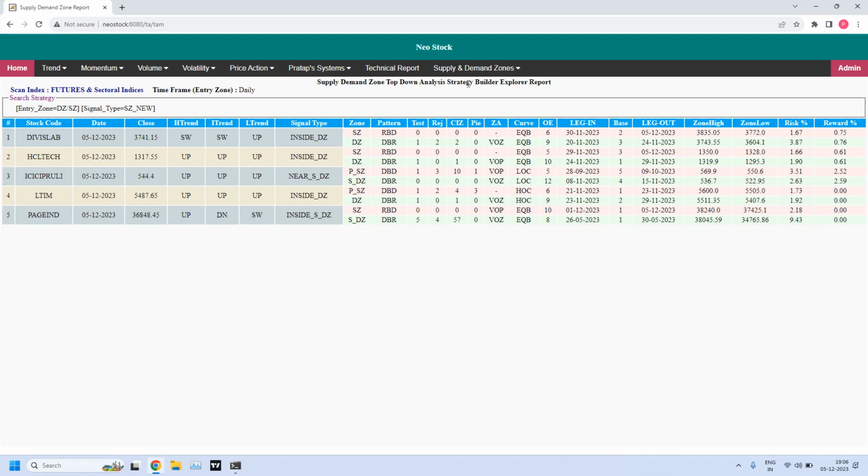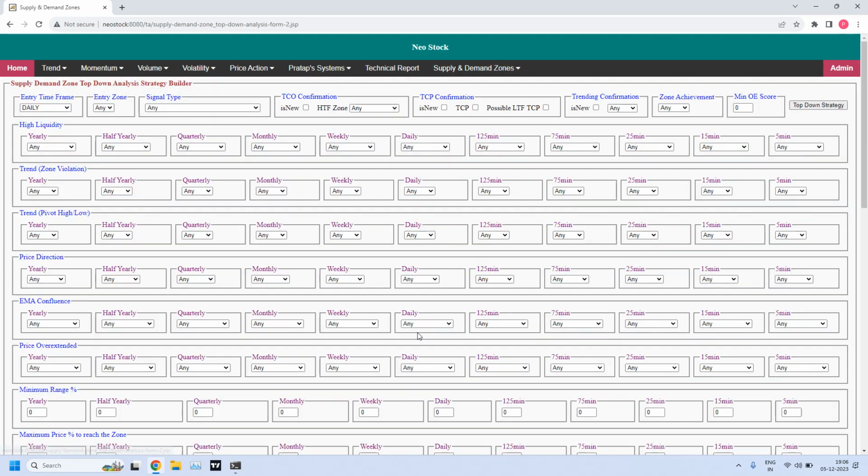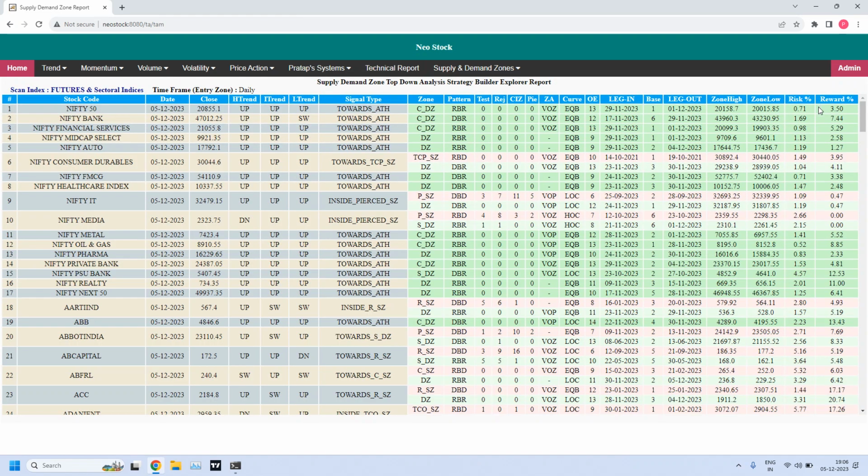And let me generate demand and supply zones for daily time frame. Let me generate demand and supply zones for all the stocks for our reference purpose. So this is the complete list. The first 17 in this list are indices and the remaining are equity stocks listed in the futures F&O segment. I will keep on scrolling this list.